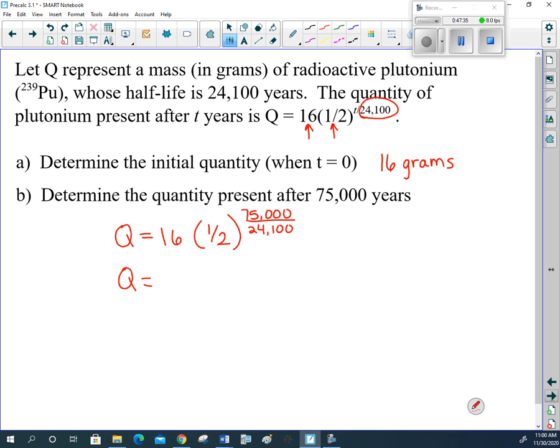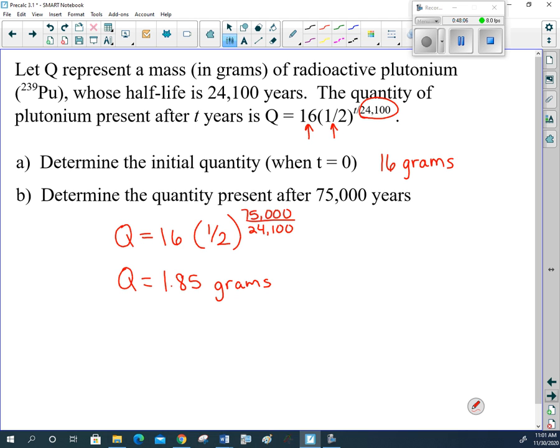So 16 times 0.5 raised to the, and I'm just going to put it all in as a fraction, 75,000 divided by 24,100, and we end up with 1.85 grams. So after 75,000 years, you end up with 1.85 grams.